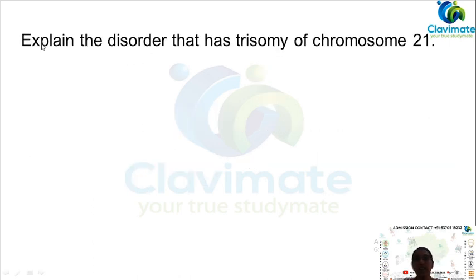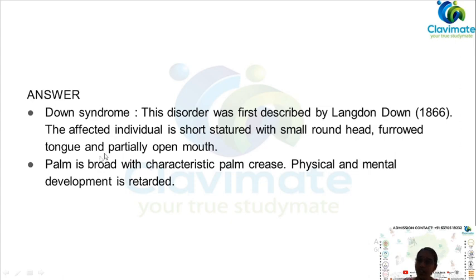So the next question is, explain the disorder that has trisomy of chromosome 21. Which disorder has trisomy of chromosome 21? It's Down syndrome. This disorder was first discovered by Langdon Down. That's how the syndrome got its name. How does the affected individual look? Short-statured, small round head, furrowed tongue, and partially open mouth.